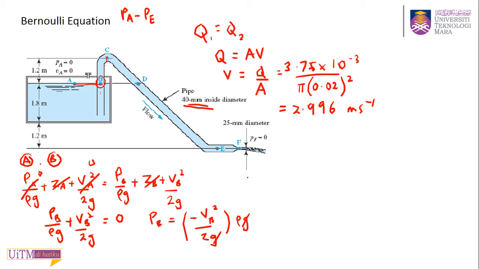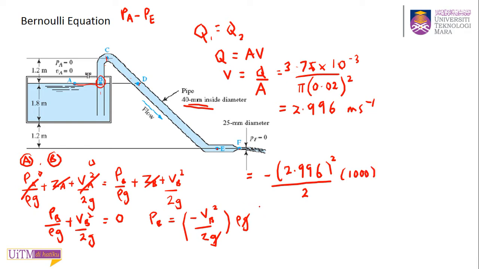So PB equals negative 2.996 squared over 2 times rho of the water, 1000.